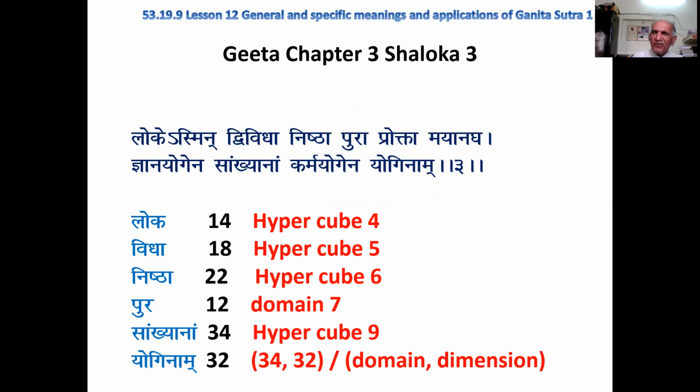The exercise of this conversion is being extended further by the Karamyoga, chapter 3, in its shloka 3. The text of shloka 3 of chapter 3, Karamyoga of Geeta, is on the computer screen. It reads, Loke asmin dvividha nishtha pura prokta mayanagha, Gyan yogena sankhyanam karma yogena yoginam.